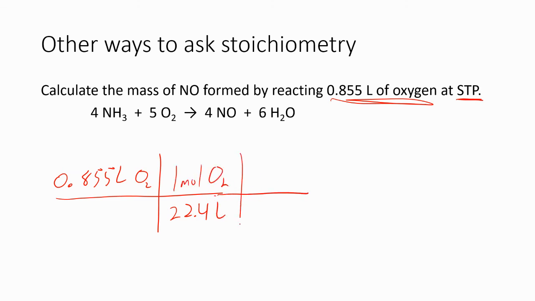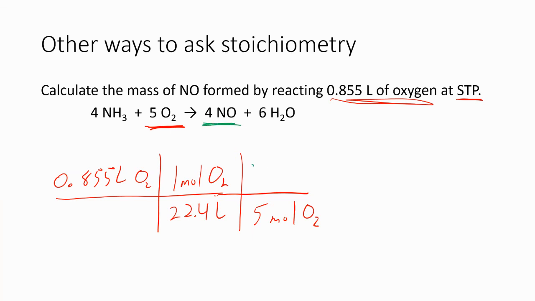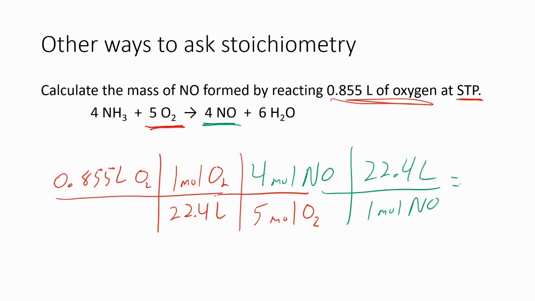And then you can use the balanced equation, that 5 moles of oxygen will give you 4 moles of NO. And then we also know that for every 1 mole of NO, you have 22.4 liters. And so everything cancels here, nicey nice, right? We got rid of liters oxygen, we got rid of moles oxygen, we got rid of moles NO, and we're up to liters again.